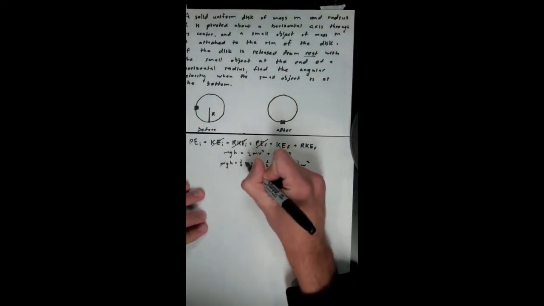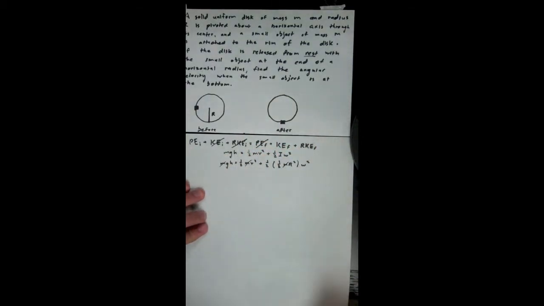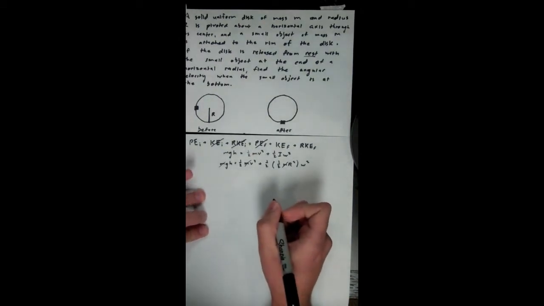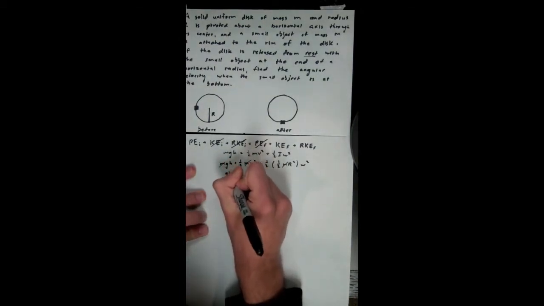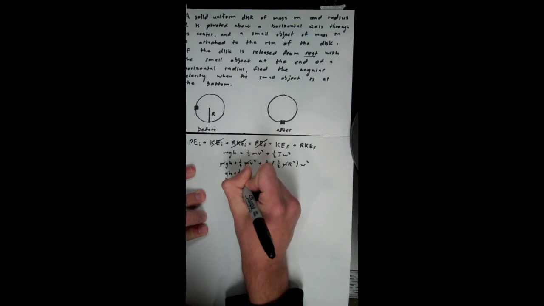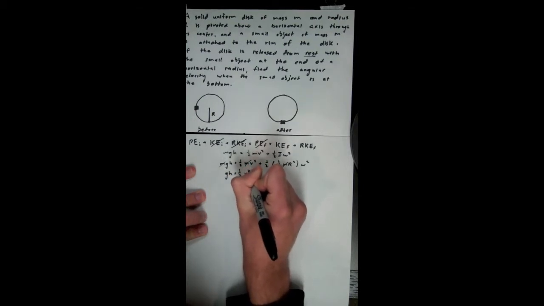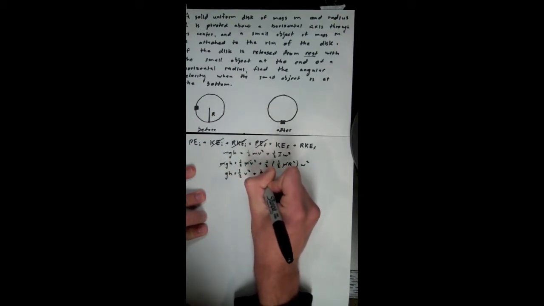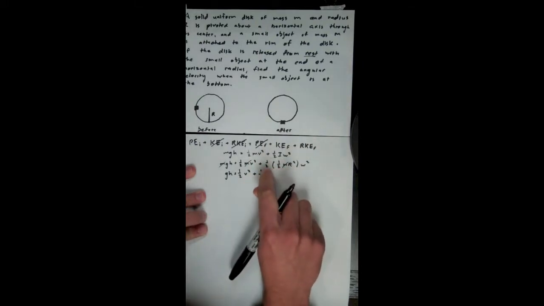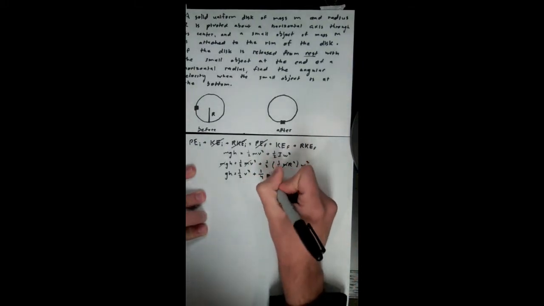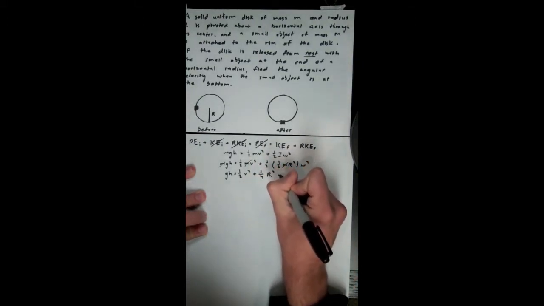So m cancels out, and that leaves us with gh equals 1/2 v squared plus 1/4, just multiplying a half by a half, r squared omega squared.